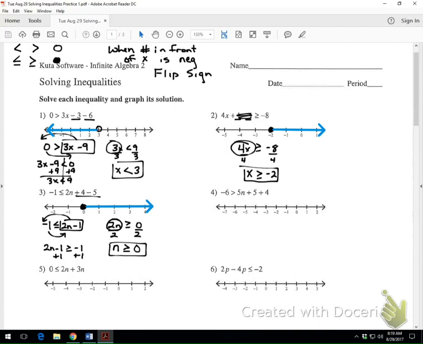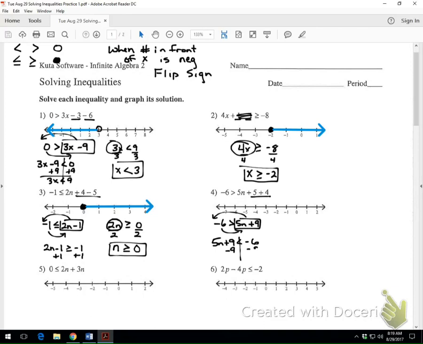Okay, number 4. Do I need to combine anything? Yep, that 5 and 4, right? So you get negative 6 is greater than 5n plus 9, right? Now I need to take this 5n plus 9, move it over here to the left, move that negative 6 over and flip my sign. So 5n plus 9 is less than negative 6. So it looks normal. Okay, now what?